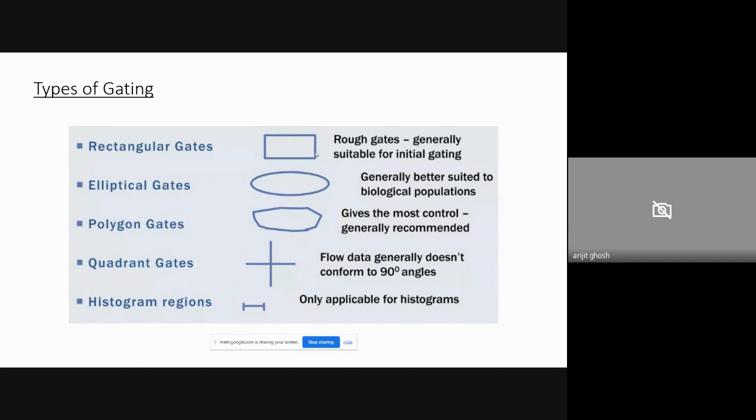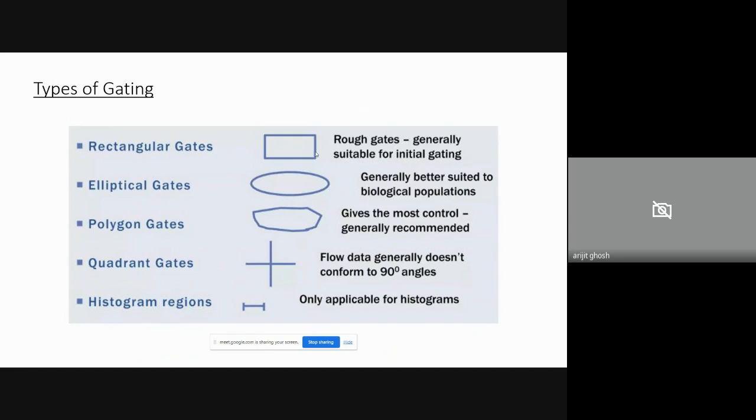So by these quadrant gates, we can separate different types of population according to their expression, whether they are co-expressing or single marker expressing.